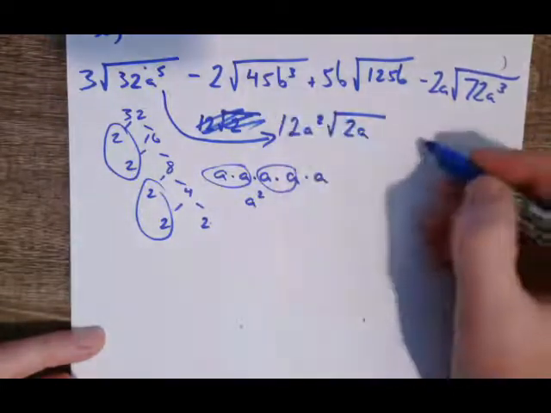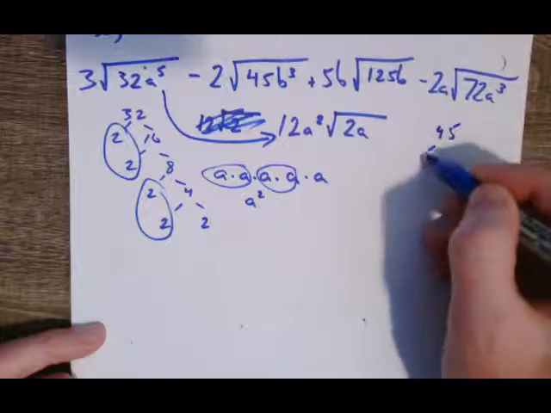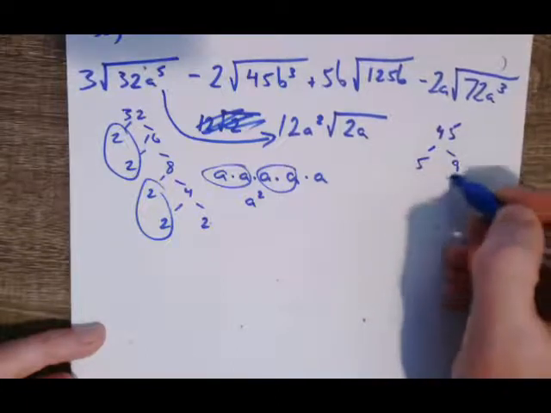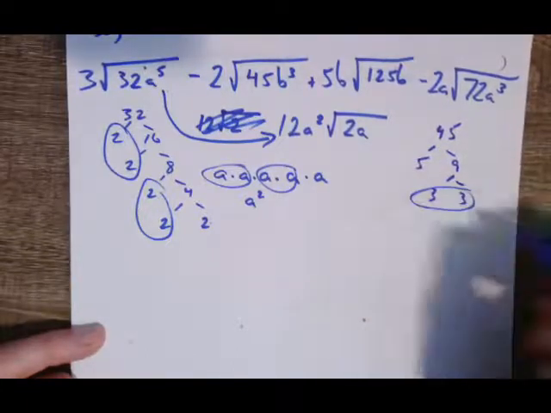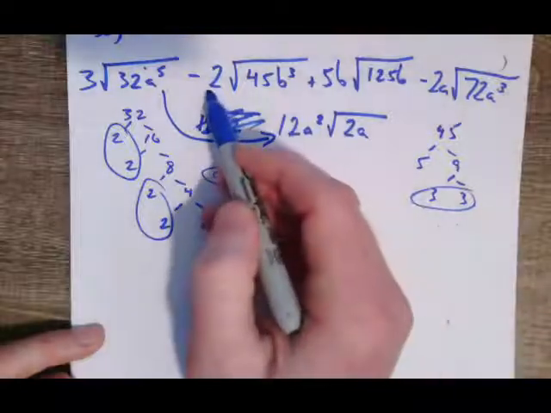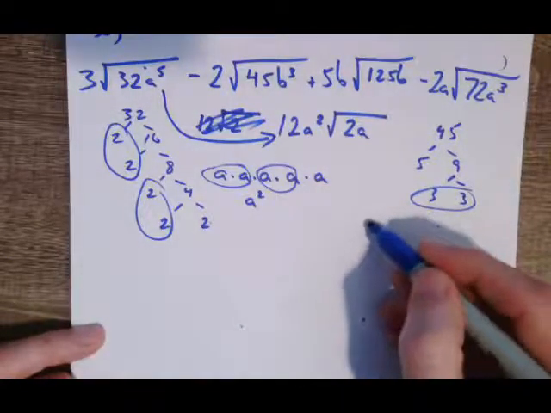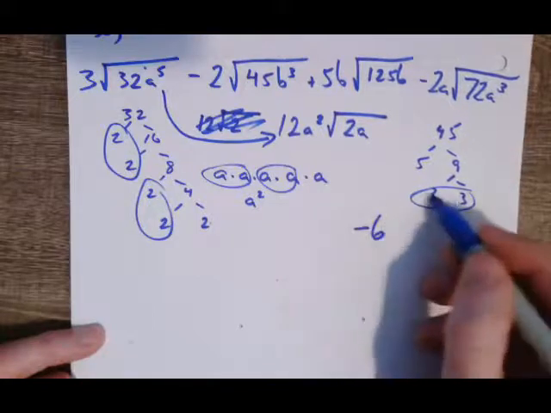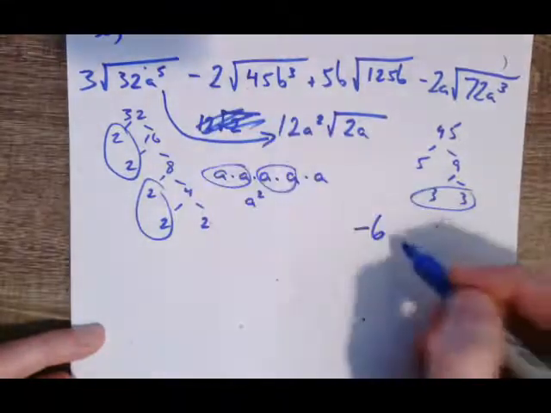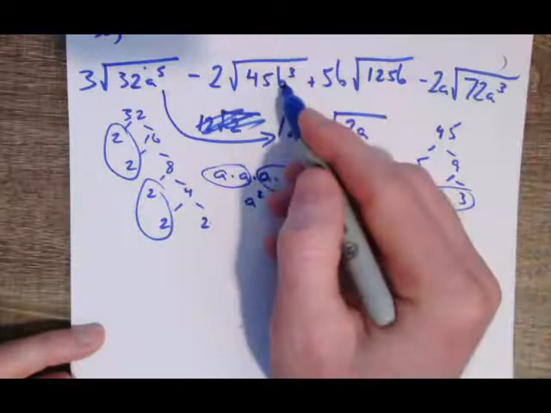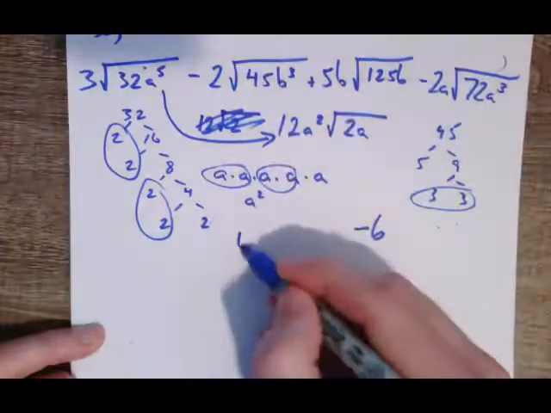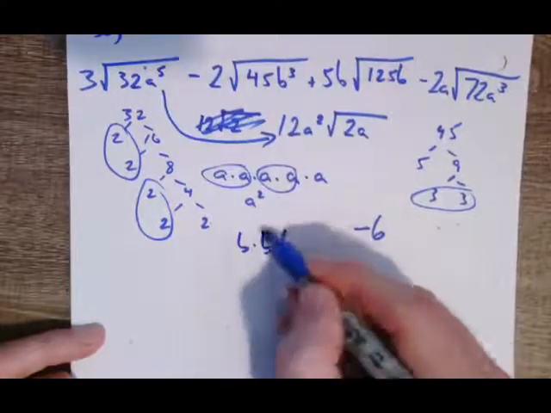So 45 is 5 times 9, 3 times 3. So the 3 is what's coming out. And it has to multiply that negative 2. Okay? So this here is negative 6, 3 times 2, negative 6. And then that b times b times b, you take a square out, right?